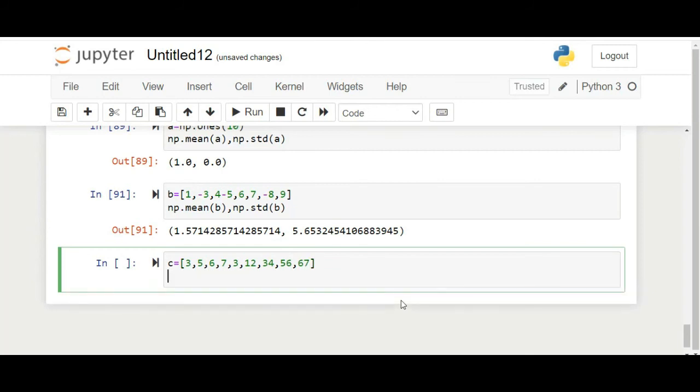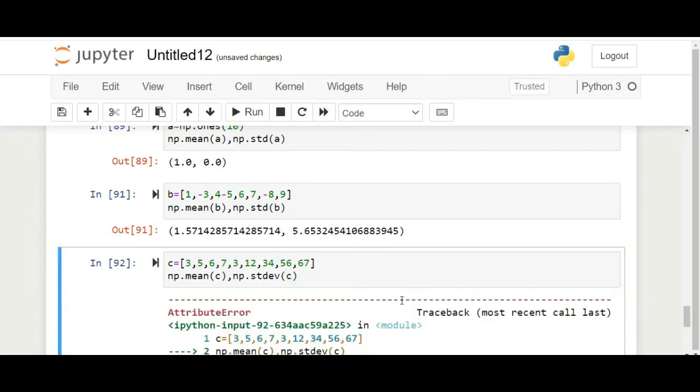Okay, and in the same case we can write np.mean of c, comma, np.std standard deviation of c, Control and Enter.